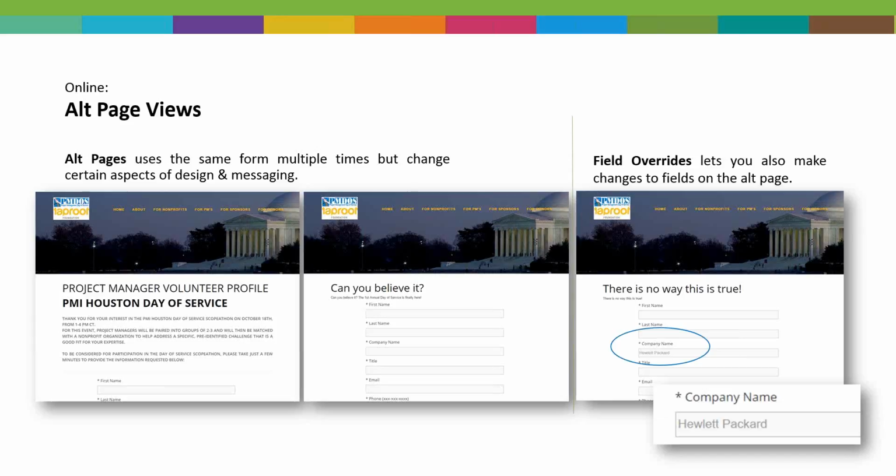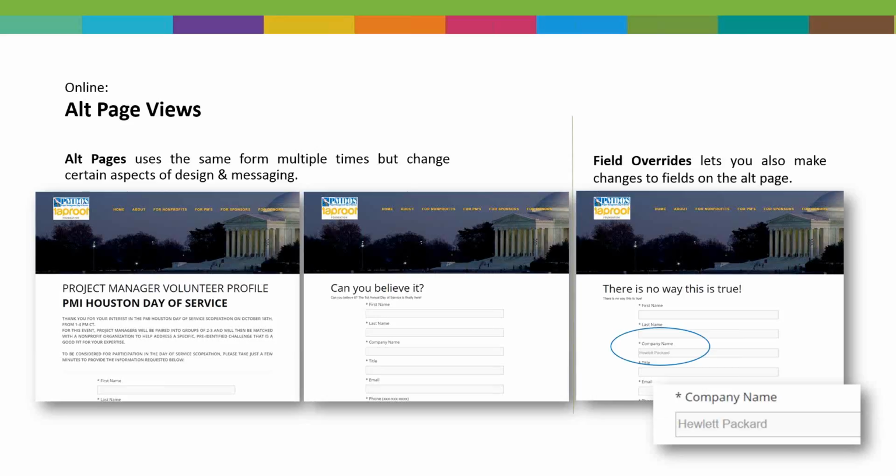In the case of the PMI events, very often they'll have a lot of volunteers from a company like Hewlett-Packard, and they want to know how many people are coming from that particular group. So with this alt view, we can pre-populate the data to say Hewlett-Packard. And that way when people get to this form, at the top, instead of there is no way this is true, it might say something along the lines of, welcome, thanks for volunteering everybody from Hewlett-Packard. Here is your form, fill it out and we'll get started.